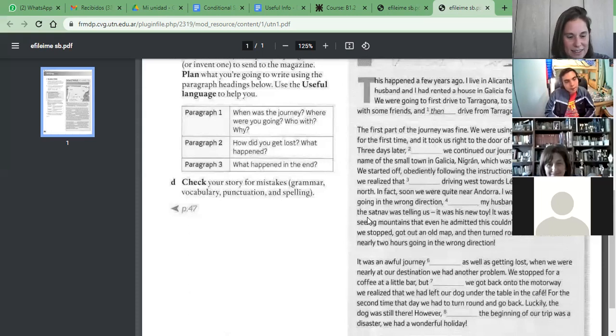After a while, we realized that a couple was following us, and they were telling us that I had dropped my cell phone in the street, and they gave it back to me, the cell phone, and that's it.